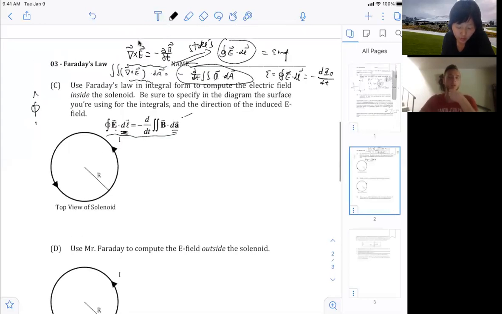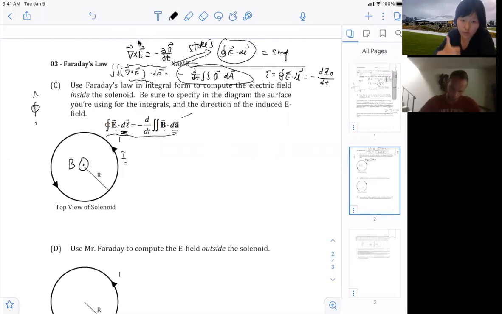This is your top view of the solenoid. This is showing the current. So this counterclockwise direction is showing the current flowing, right? Which gives you B coming out of the page. So we can draw a little dot for B because that is your right-hand rule, right?